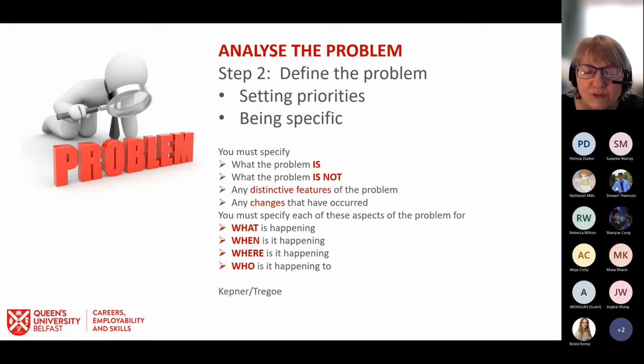So what they say is you must specify what the problem is, what the problem is not, any distinctive features of the problem, and any changes that have occurred. And you must specify each of these aspects of the problem for what is happening, when it is happening, where it is happening, and who it is happening to.